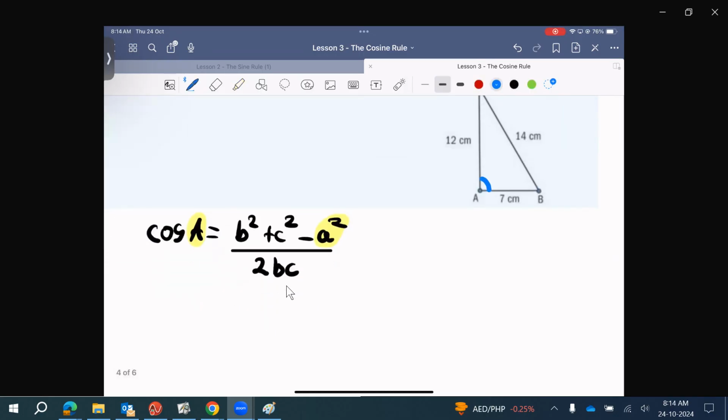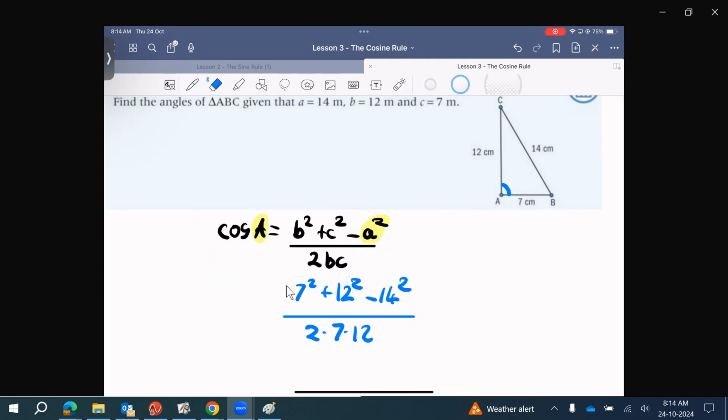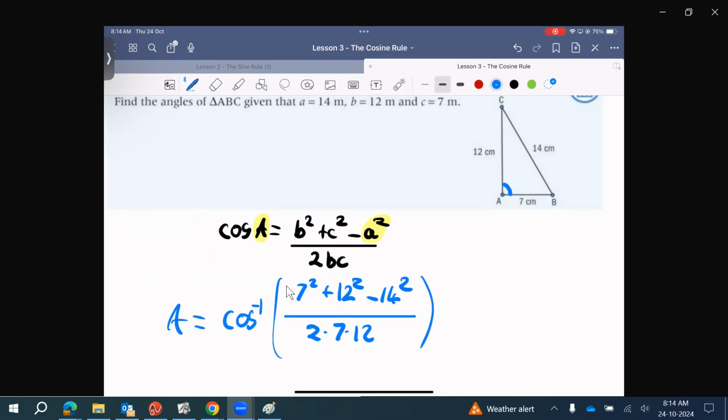So let's put our numbers in. We need 7 squared plus 12 squared minus 14 squared over 2 times 7 times 12. And if we want, we can take the inverse cosine of that. We can type this into our calculator. Type that into your calculator now.